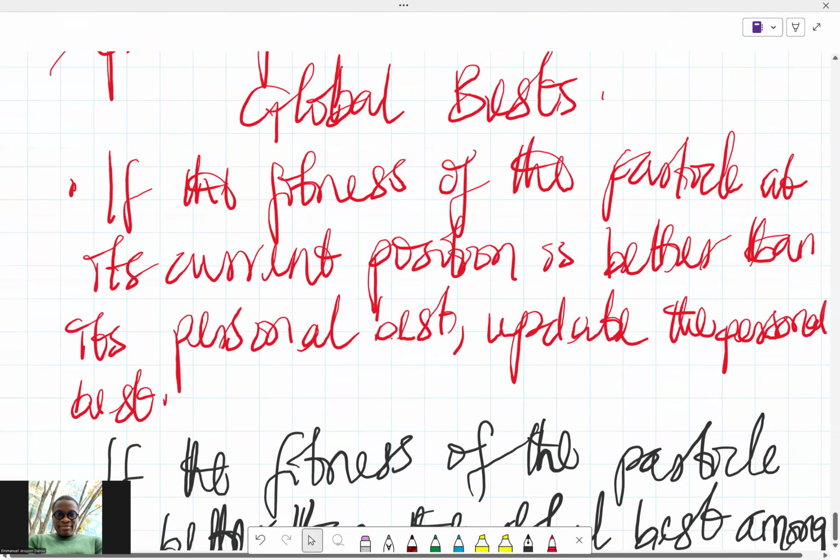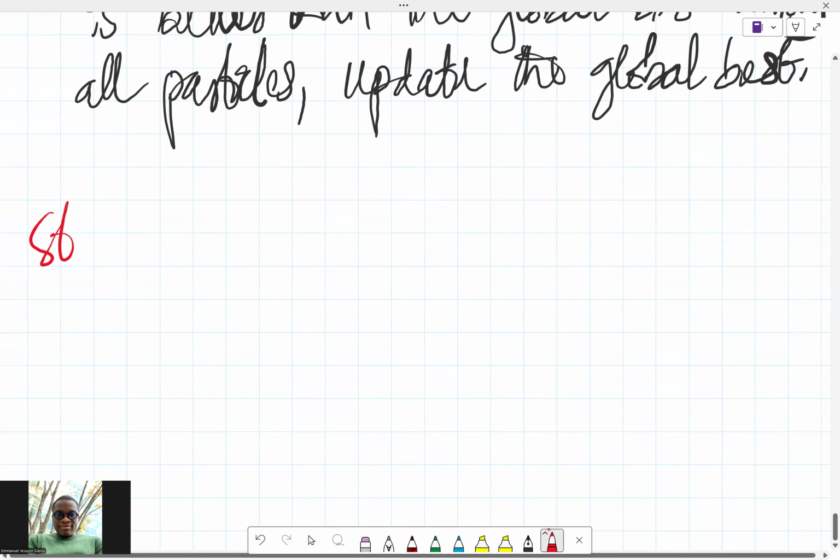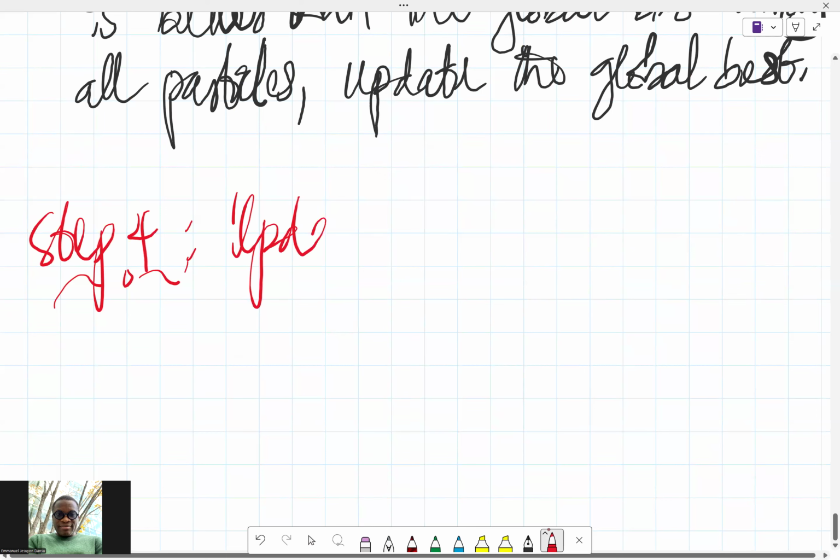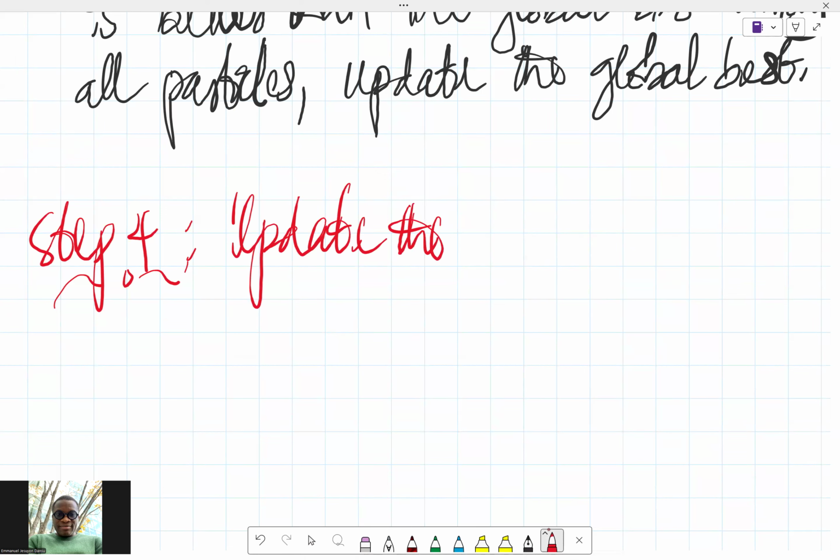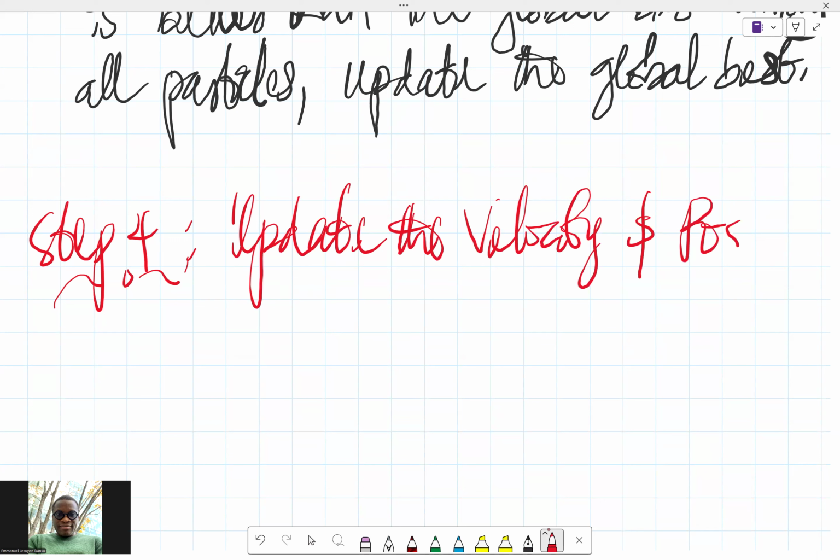Then that takes us to step 4. In step 4, we update the velocity and position. Of course, we need to update the velocity first before we are able to update the position.